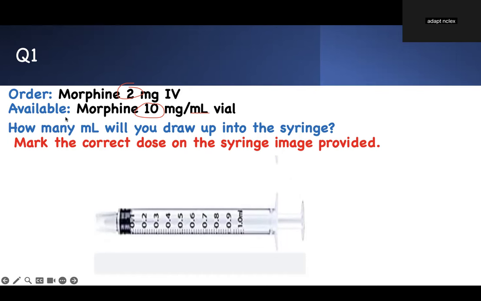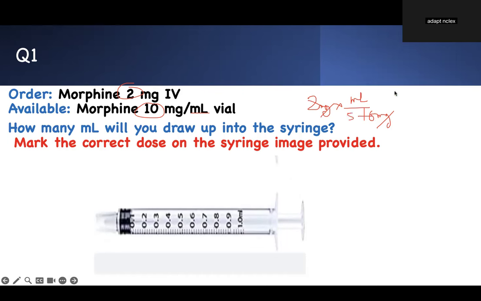I usually use dimensional analysis. My ordered dose is 2 milligram, and my available is 10 milligram per ml. Since I need to have ml on top, I'll keep the 10 milligram down so that they can cancel out. 10 milligram, 10 milligram, 2 goes 5 times.